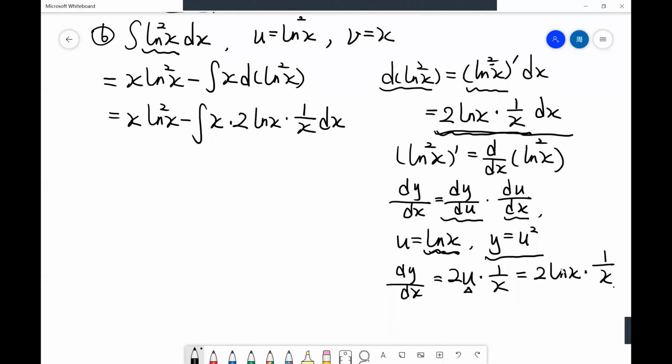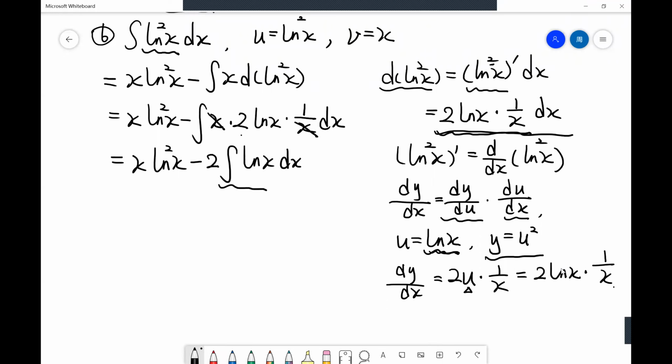Okay, so here we can continue. We found that x can be cancelled here, right? So we have x times (ln x)squared minus, here we can take the constant 2 out. So that is 2 times the integral of ln x dx here.